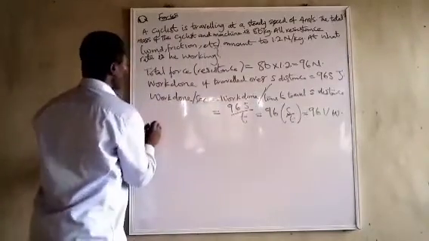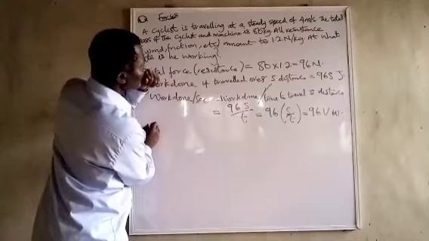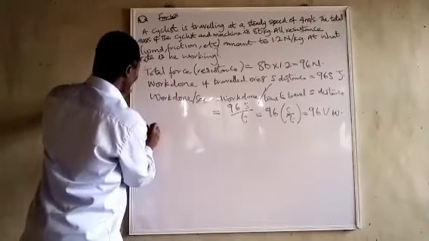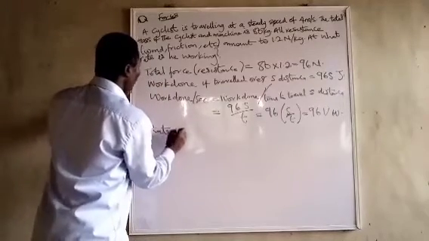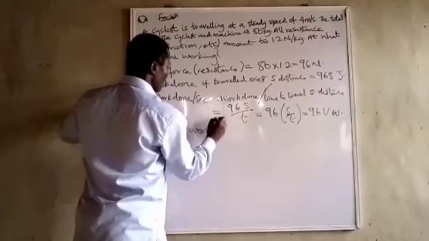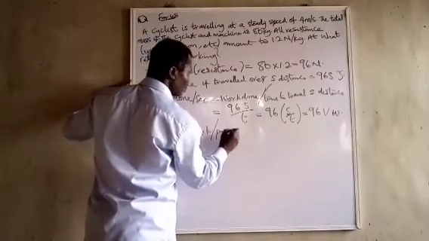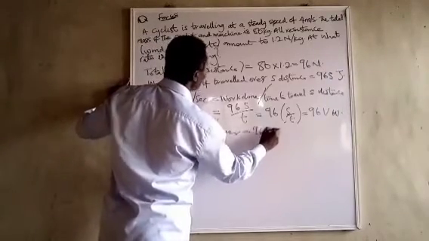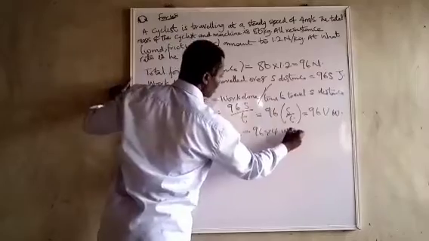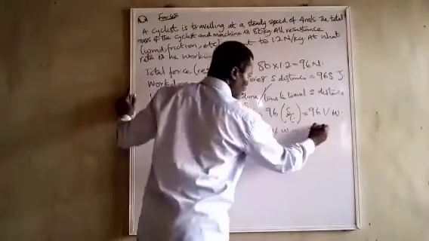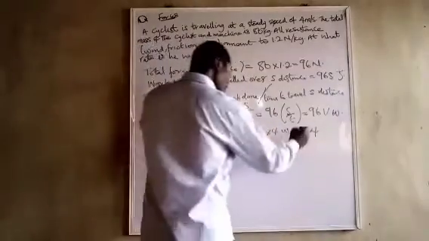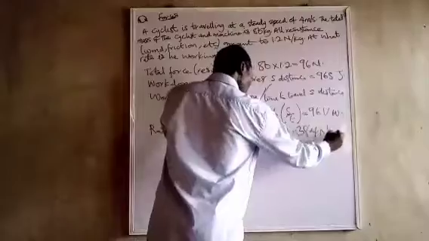So rate of work or power will be equal to 96 times 4 watts.